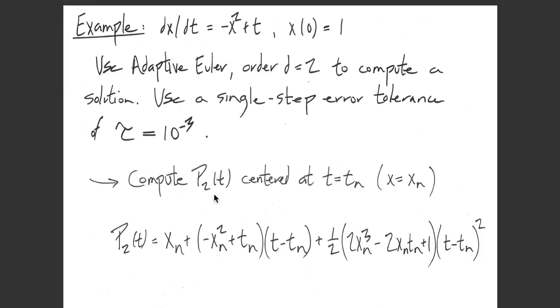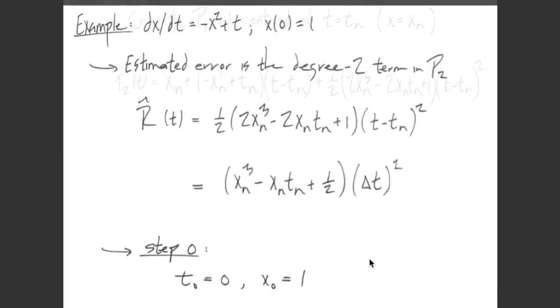So the first thing, as usual, is to compute the Taylor polynomial of the appropriate degree for Euler's method. Our degree is 2 here, so we compute the Taylor polynomial of degree 2, and we've done this before. This is the guy here. The estimated error term is going to be the degree 2 term in that Taylor polynomial.